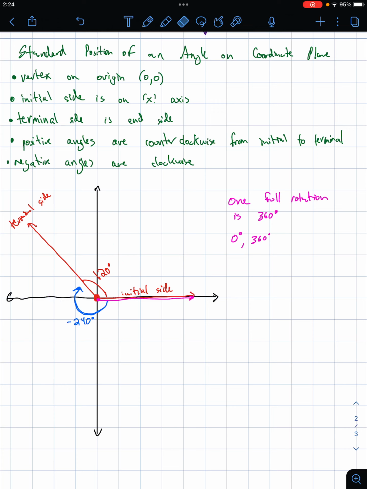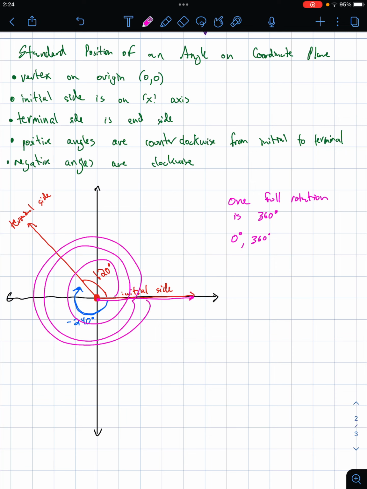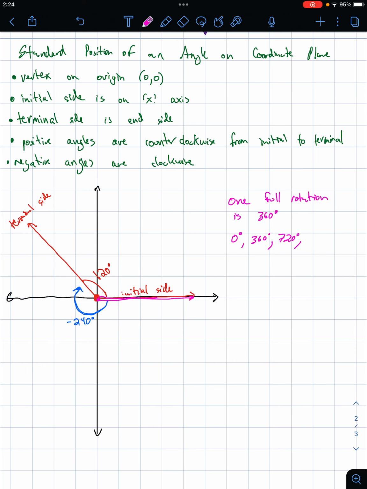Or if I did 1, 2, 3 rotations, I would end up on the same point. So all these multiples, 0, 360, 720, are going to land me at this same location. Or if I go the other direction, negative 360 degrees, negative 720, those describe the same point.